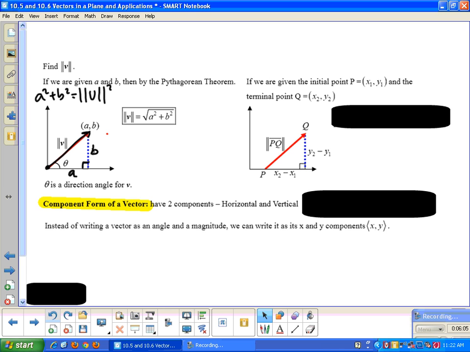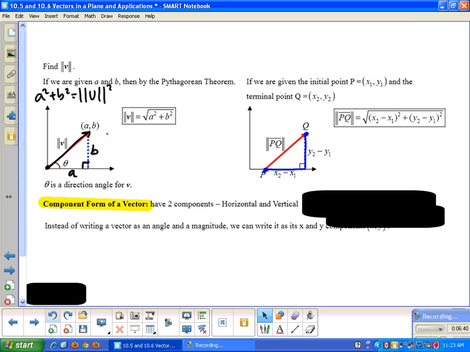Now, the next one: notice that the initial point is not on the origin. So if the initial point is not at the origin, then you have to do something a little bit different. Let's say that this initial point right here is x1, y1, and this terminal point right here is x2, y2. Well, then to find the distance from here to here, you're just going to subtract y2 minus y1, and from here to here, you subtract x2 minus x1.